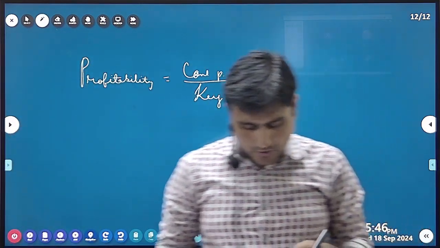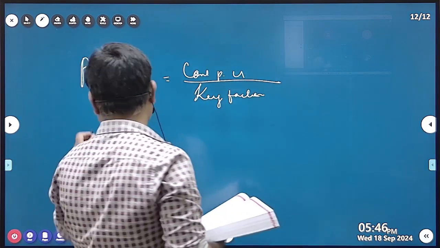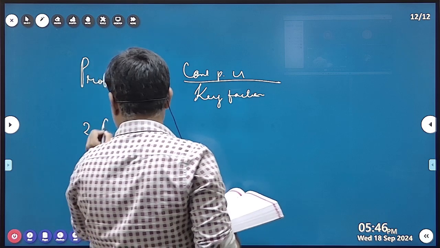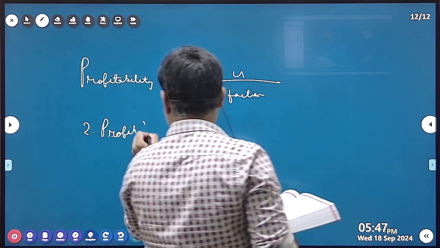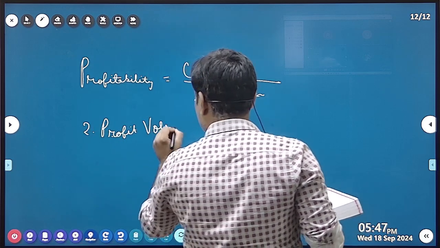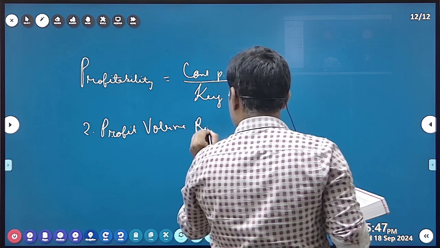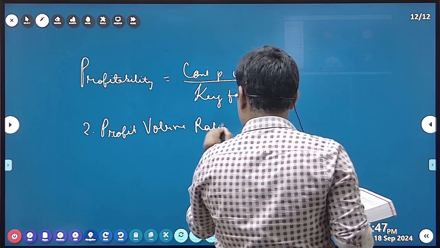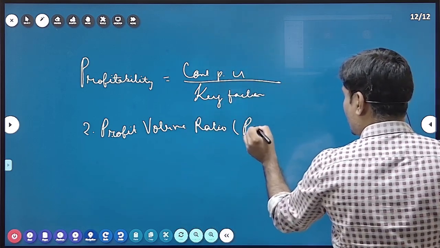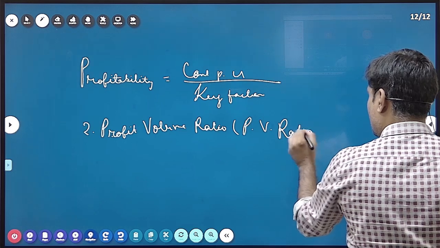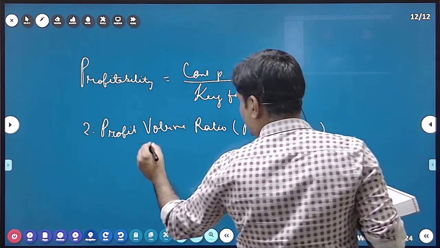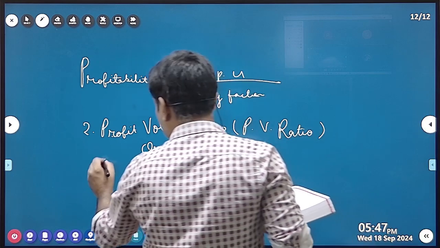Profit volume ratio or contribution ratio. Our next point is profit volume ratio, PV ratio. It is also known as contribution ratio.